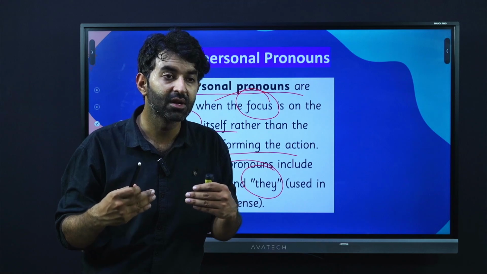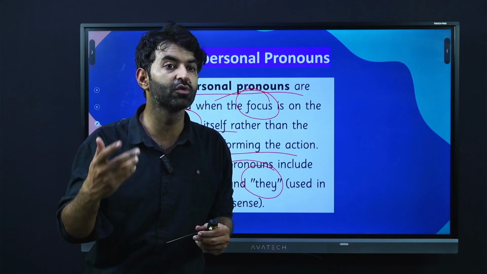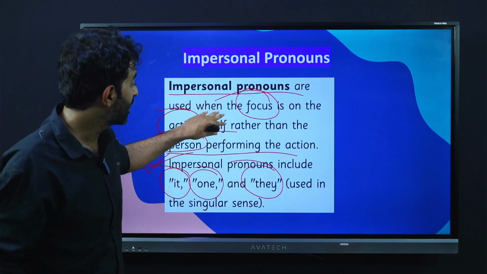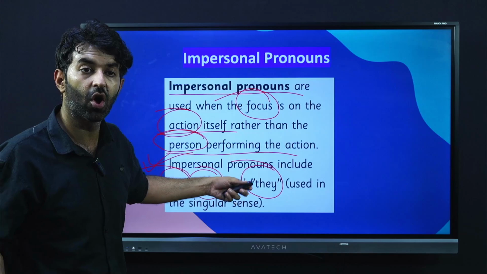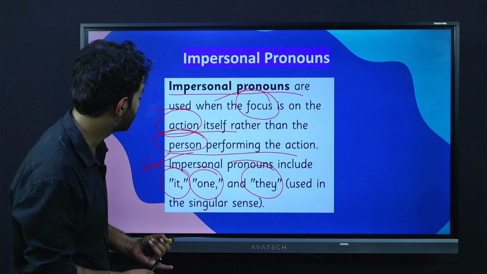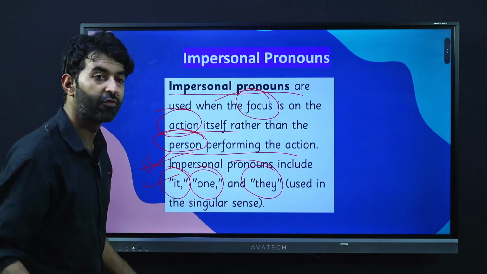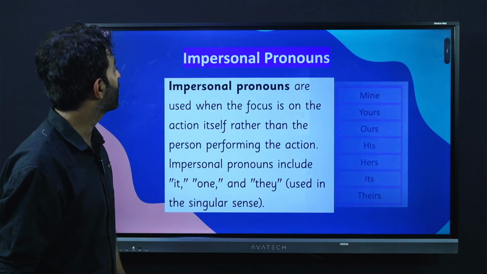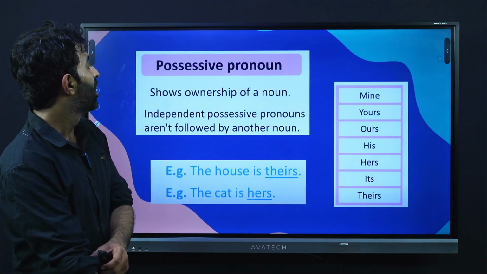Now this is an action, not the person who's doing that action. So all these kind of words which we have in this category, they are your impersonal pronouns. It's it, one, and they. So these are your impersonal pronouns.